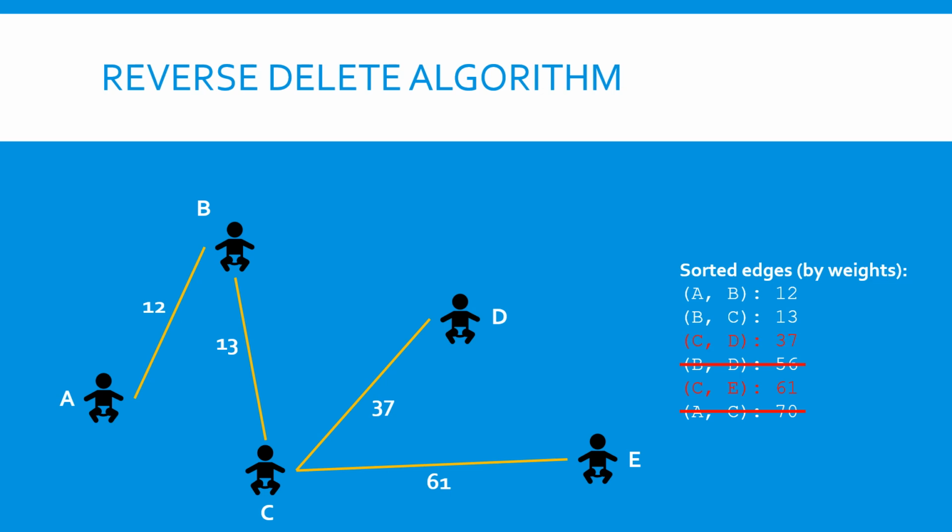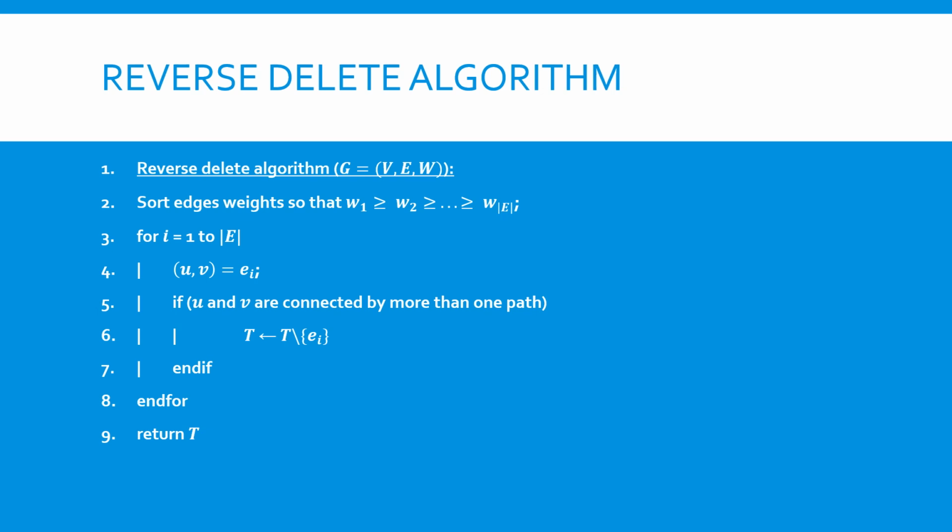Next, we cannot remove the edge CD since it will disconnect C and D. Similarly, we cannot remove the edge BC. And finally, we also need to keep the edge AB. As we have considered all edges, we can terminate the algorithm at this point. Here is the pseudocode for the reverse delete algorithm.